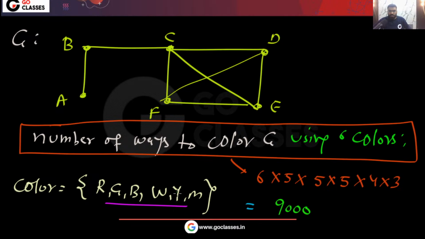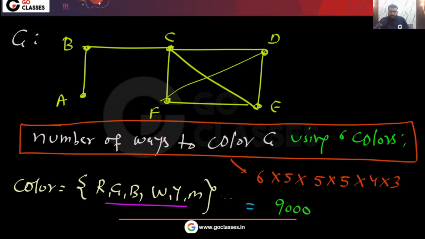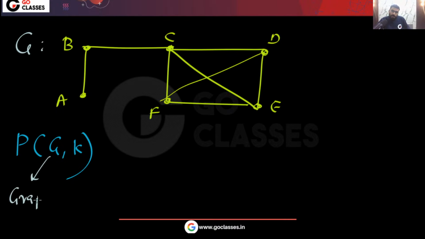So, a very simple question. Now let me ask you a general thing. If you have k colors, using 6 colors this was the answer. Using k colors, let me write it as P(G, k). Please notice, this is your graph G, and k is the number of colors.